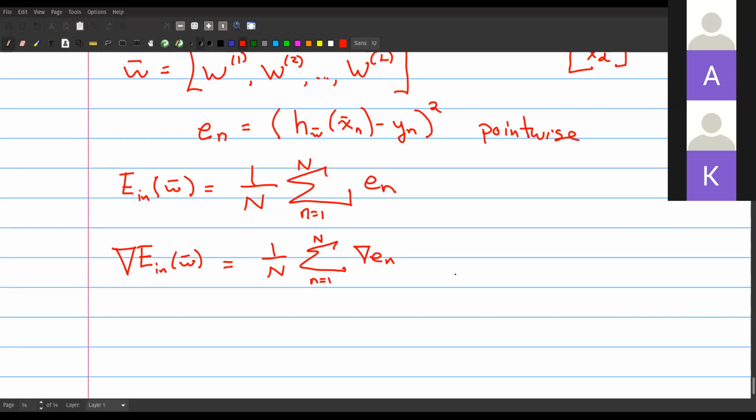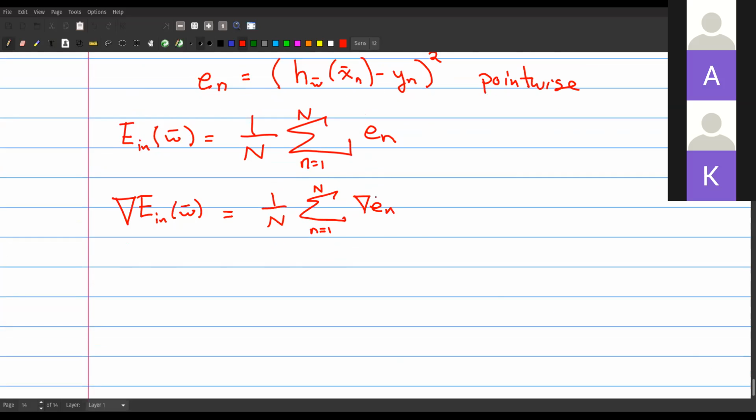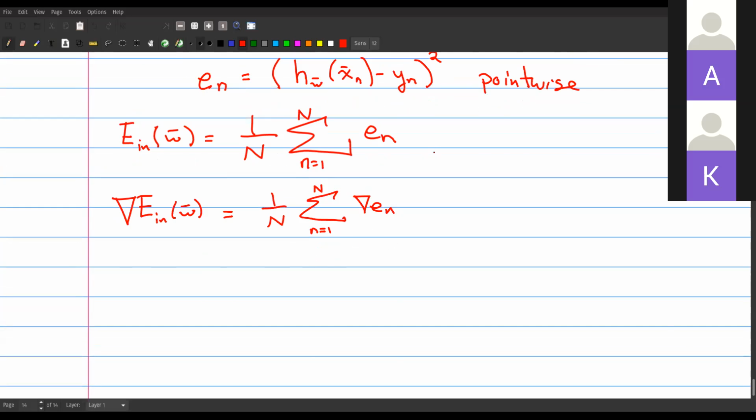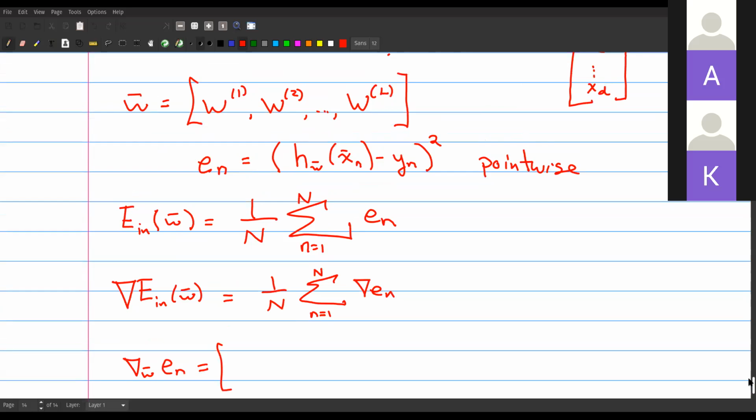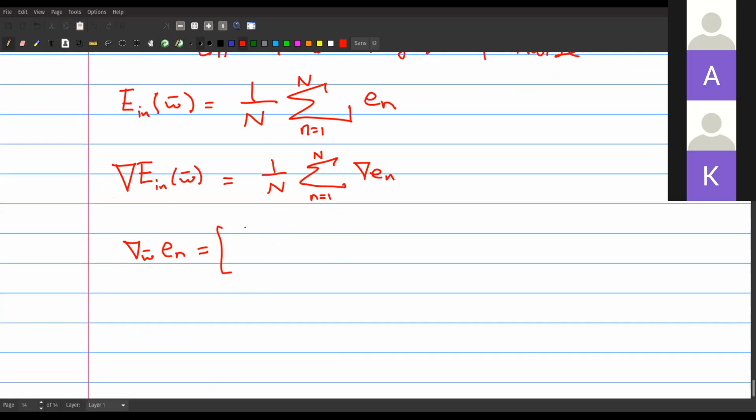Okay, so now we have a simpler problem. Instead of wanting to know the gradient of the whole big error function, we can just do the gradient of this simpler thing. So you want to know the gradient with respect to W of En. Another way of thinking of that is, W is this. This is going to use some matrix calculus notation, which I'll explain in a second.